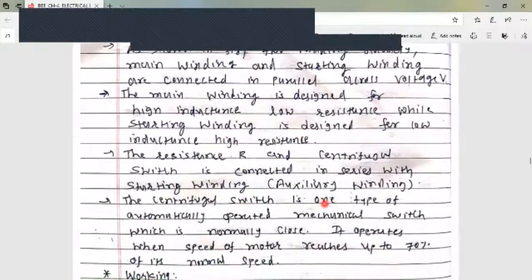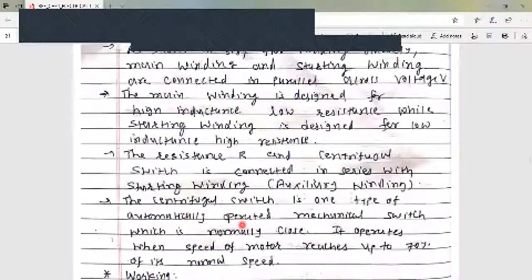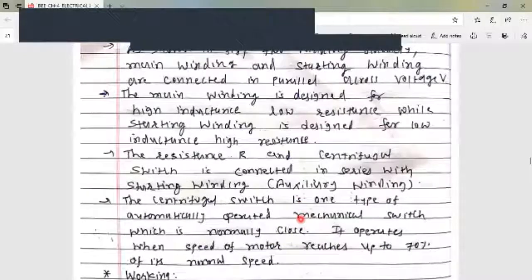Centrifugal switch is a type of automatically operated mechanical switch which is normally closed. It operates when the speed of the motor reaches up to 70% of its normal speed. The switch remains closed, but it opens when the rotor starts to rotate and its speed reaches 70%. So this is the construction.